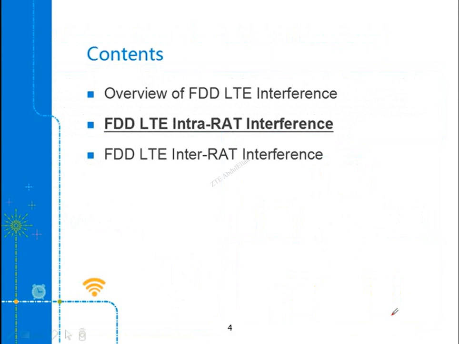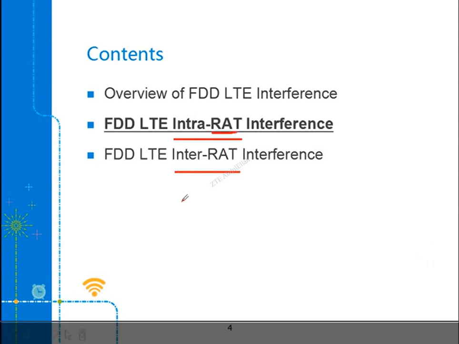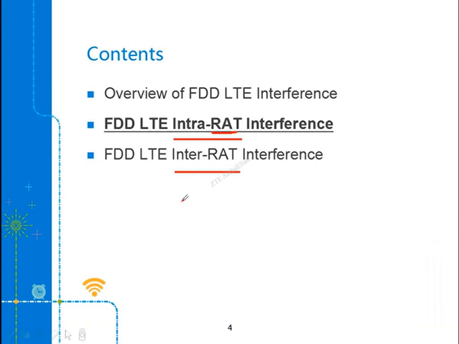And about FDD LTE interference, there are two types. First, it's intra-RAT. Second is inter-RAT. So what is RAT? RAT means radio access technology. Intra-RAT means the interference of LTE also comes from LTE.